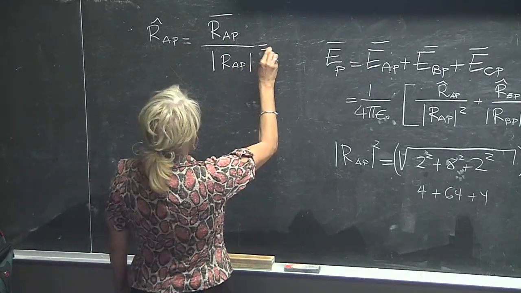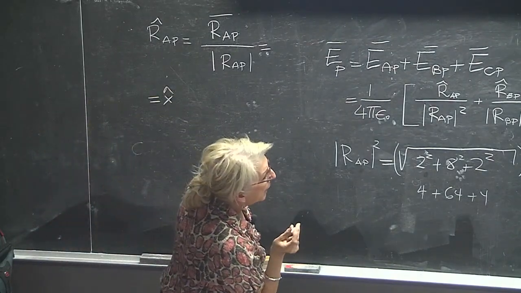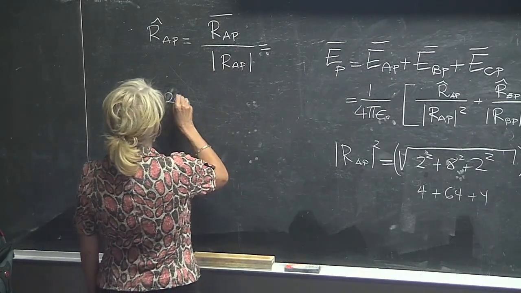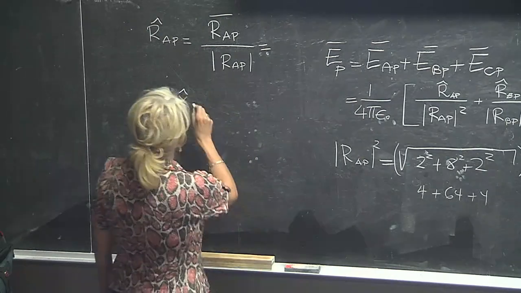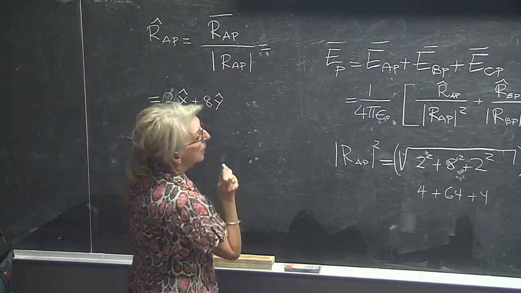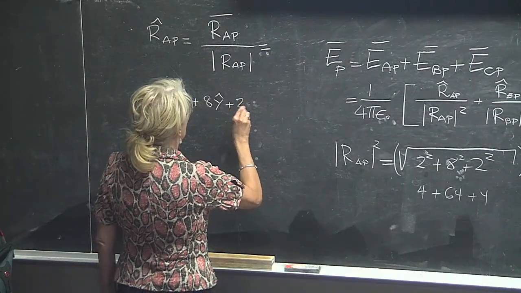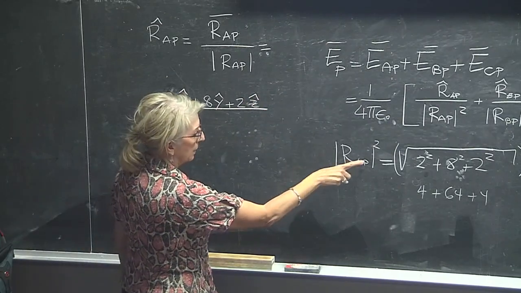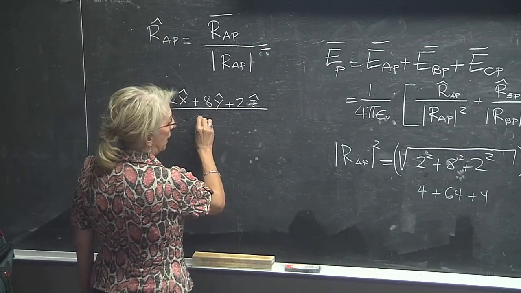The vector RAP, I said, is 2, 5 minus 3, 2, so 2x, and then 6 plus 2, 8, y, and then 12 minus 10, 2, z. And that is divided by the square root of 72, okay?